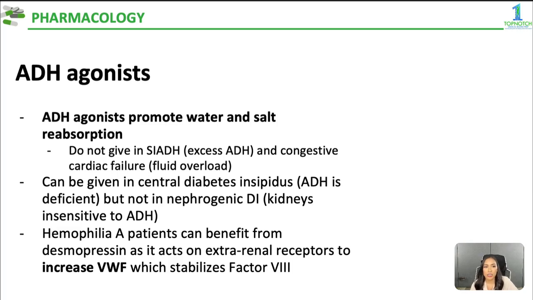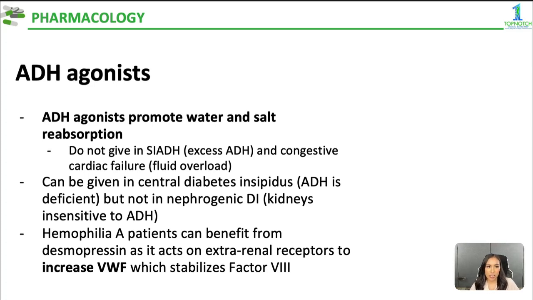Do not give this in SIADH, syndrome of inappropriate ADH secretion, kasi excess na nga yung ADH mo, dadagdagan mo pa. And do not give this in congestive cardiac failure dahil ang dami mo nang fluid, dadagdagan mo pa. But it can be given in central diabetes insipidus in which ADH is deficient, but not in nephrogenic DI.